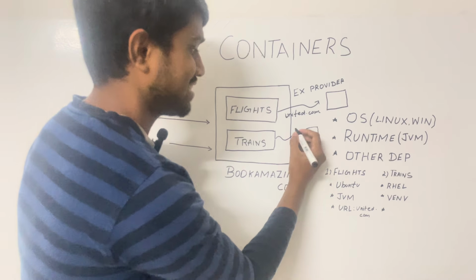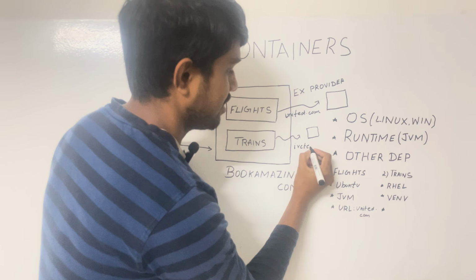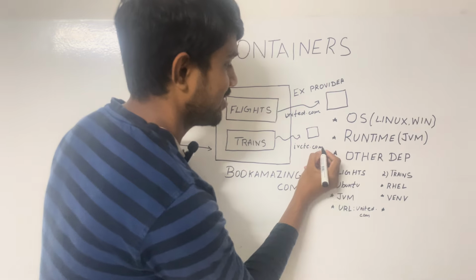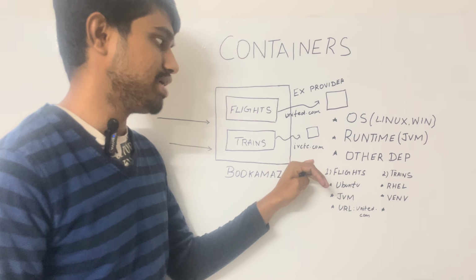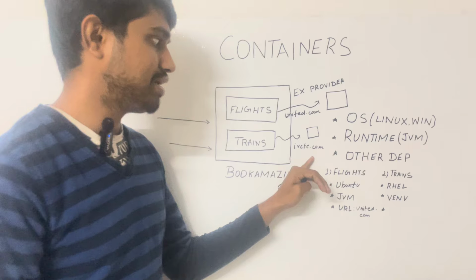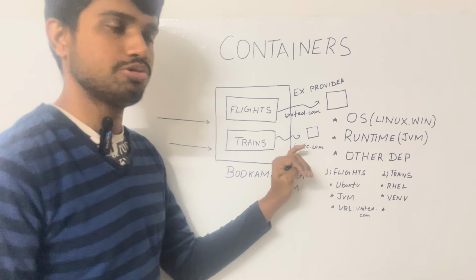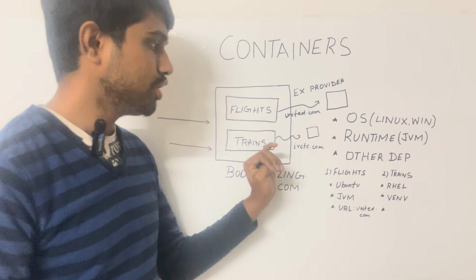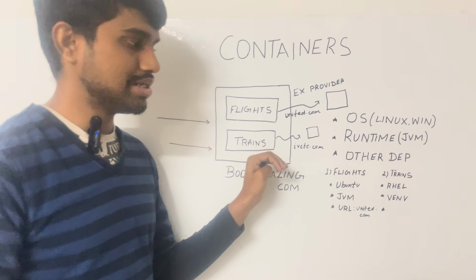In India, it's irctc.com. Yeah, this is the government provider for train bookings. In India, I think the government handles trains, so every call needs to go to this website, so it's always crowded. So it's very important that you take care of that when you are designing this application.